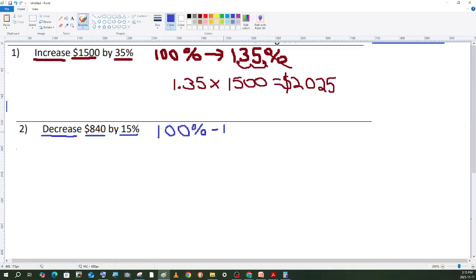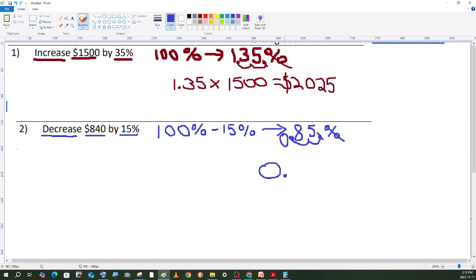And actually, I do apologize. I probably should have been writing this the whole time, the minusing. But I'm pretty sure you get the idea regardless. Since it's a decrease, the percentage is getting subtracted from 100, leaving us with 85%. Now we're going to convert the 85% to a decimal using our little trick. That decimal point's going 2 to the left to become 0.85.